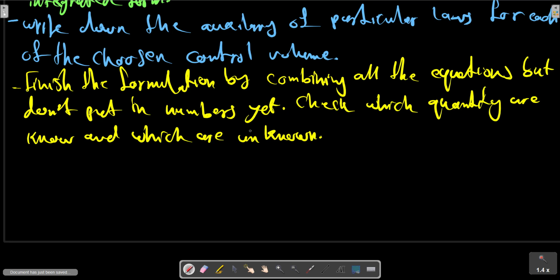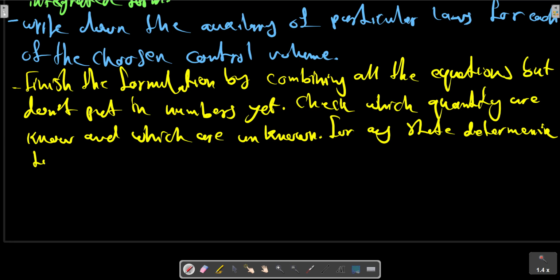Here it is important to be able to find all the states of the substance and determine which two independent properties determine any given state.